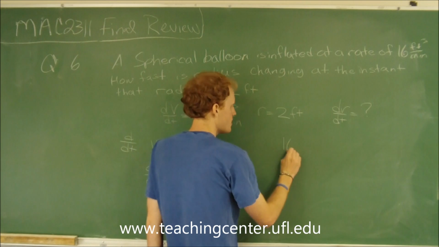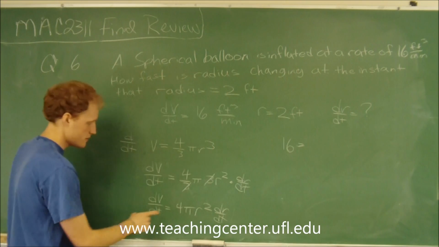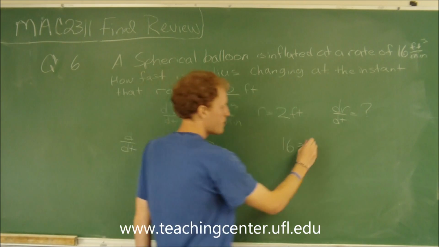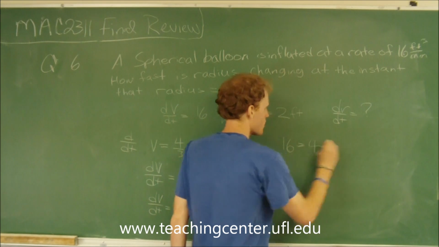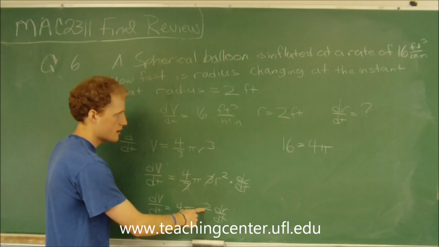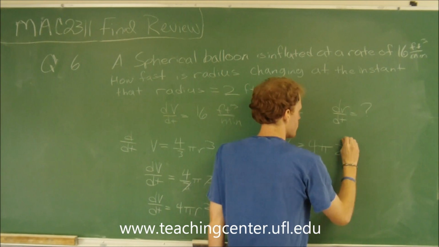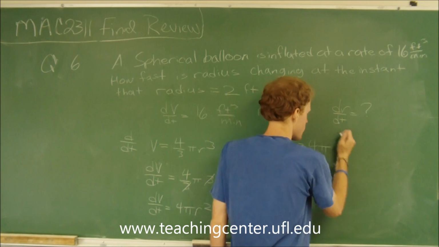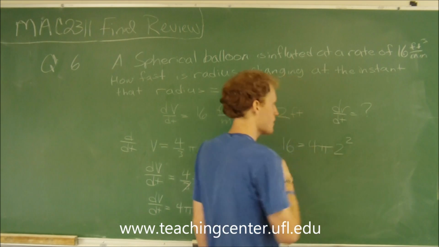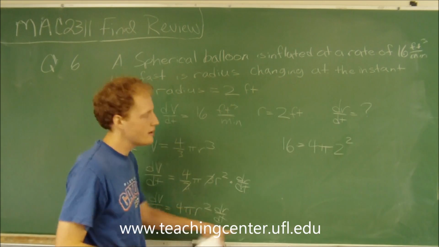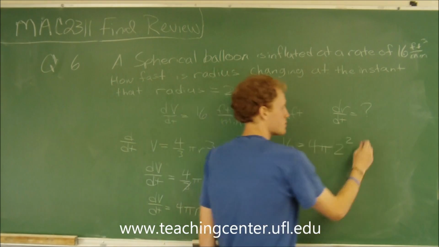We have 16 equals 4 pi times r squared. r is 2, so it's 2 squared. Then dr dt, we don't know, because that's what we're trying to find out.